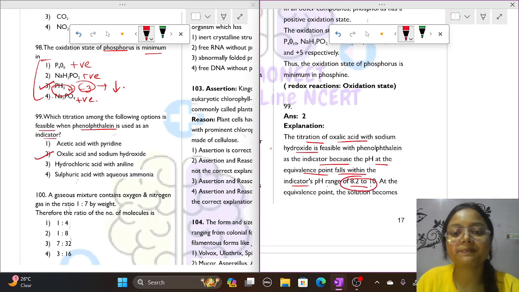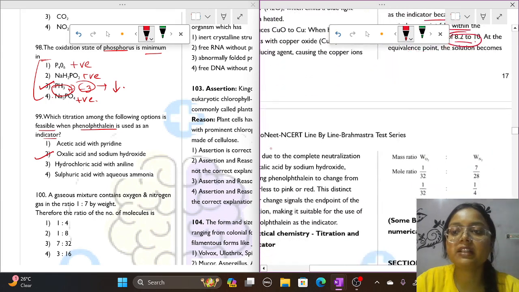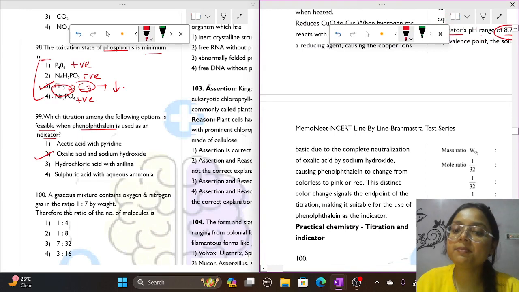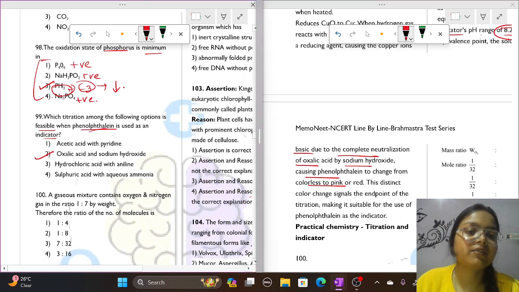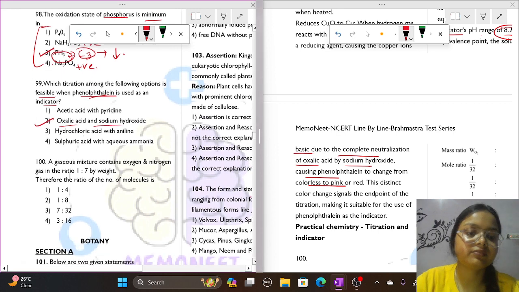So what happens at equivalence point? The solution becomes basic due to the complete neutralization of oxalic acid by sodium hydroxide, causing phenolphthalein to change from colorless to pink or red. So titration of oxalic acid and sodium hydroxide with phenolphthalein is feasible.